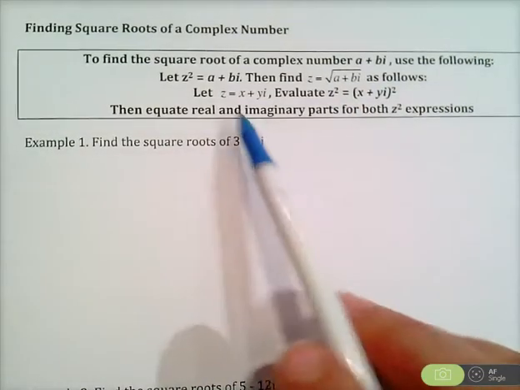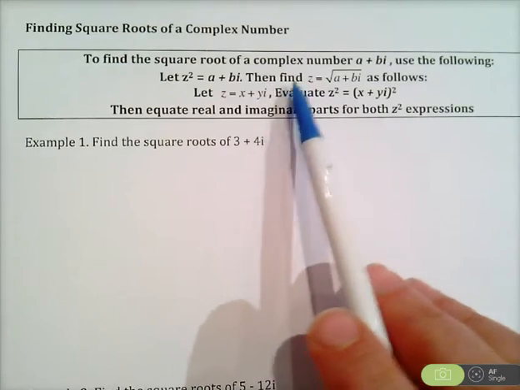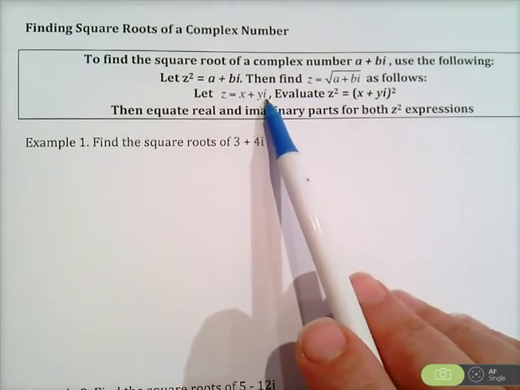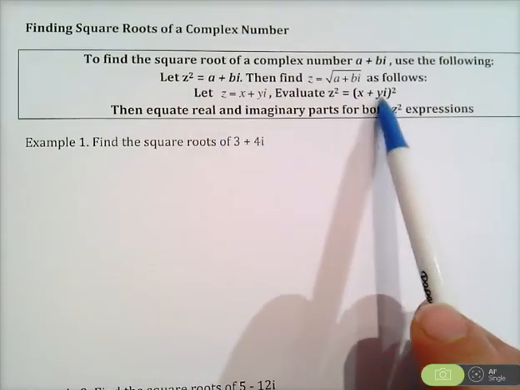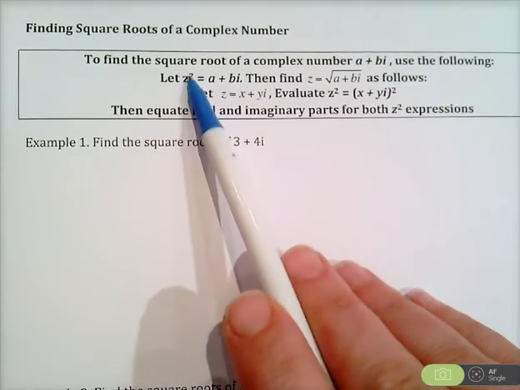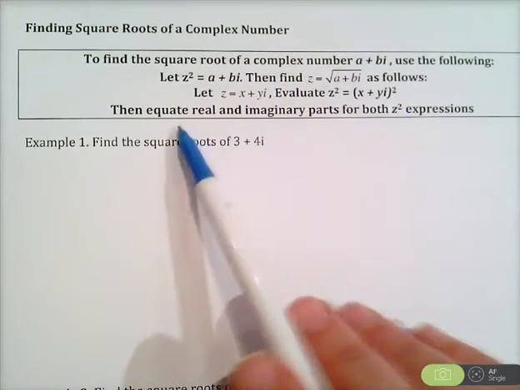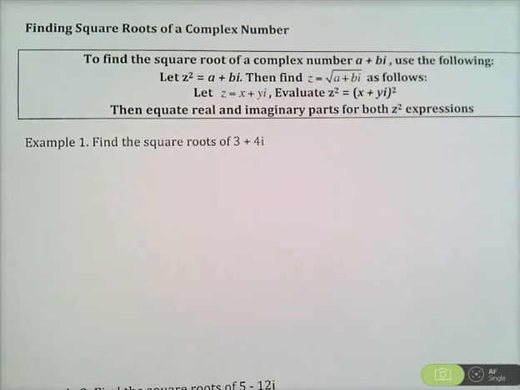Okay? So, the method that we will use is we will let z equal x plus yi. We'll then evaluate x plus yi squared, and then we will equate it with the a plus bi. And to do that, we will equate real and imaginary parts for both those z squared expressions that we come up with.